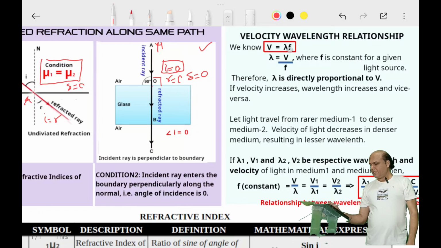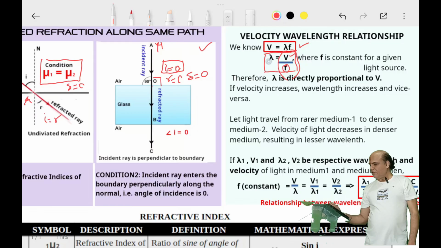Now since the frequency of any light is constant, if we rearrange this, lambda is equal to V by F. Here frequency is constant, so look at the value of this expression V by F. Because the denominator is constant, if I increase velocity, what will happen to lambda?